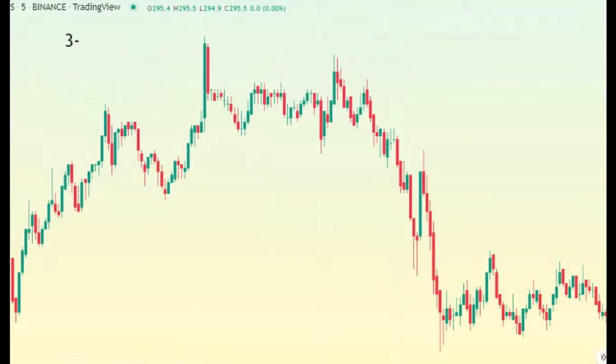For the third type example, I use BNB USDT on the 5 minutes time frame. As you can see, price formed a left shoulder, then a head, and a right shoulder.